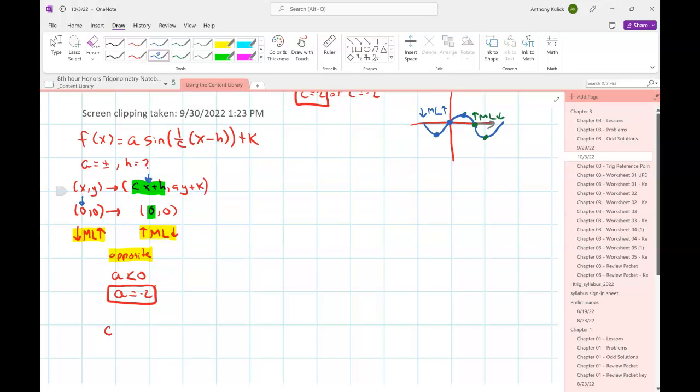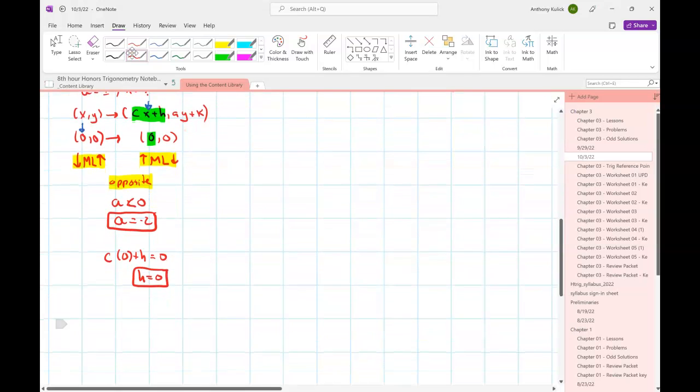It's the X from the parent function. Everybody's okay with that? So I know C times 0 plus H has to equal 0, or H is just 0. Now we have everything we need.